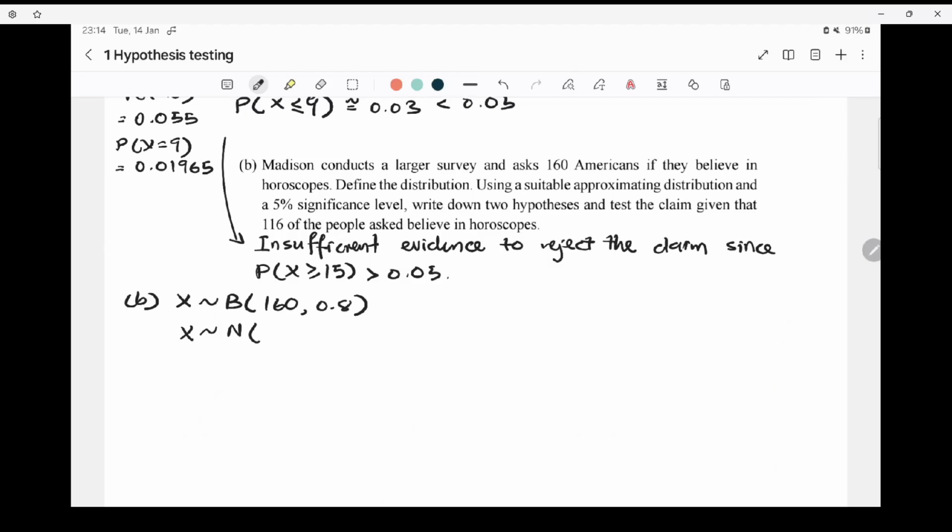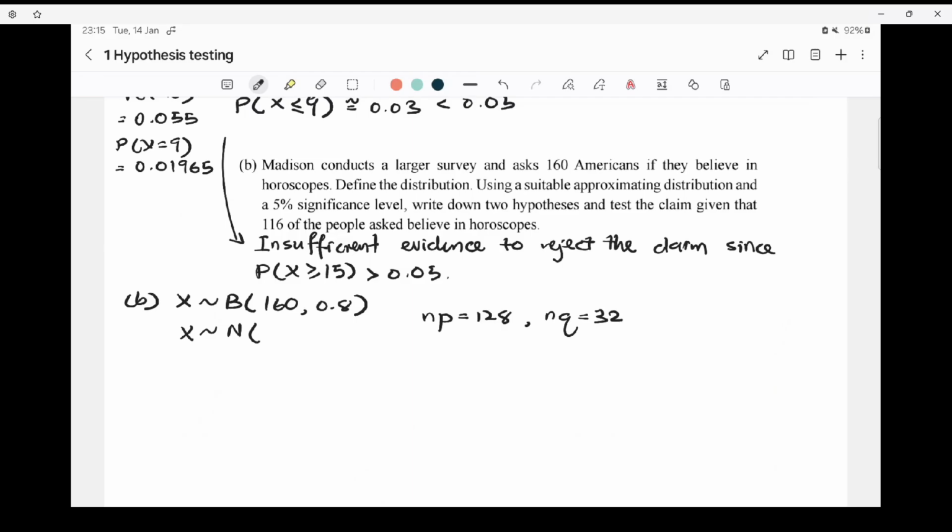So of course you can proceed to test whether or not this satisfies your condition. 160 multiplied by 0.8 is 128. And q would be 32. Both are greater than 5, so definitely you can use normal distribution to approximate your binomial distribution.